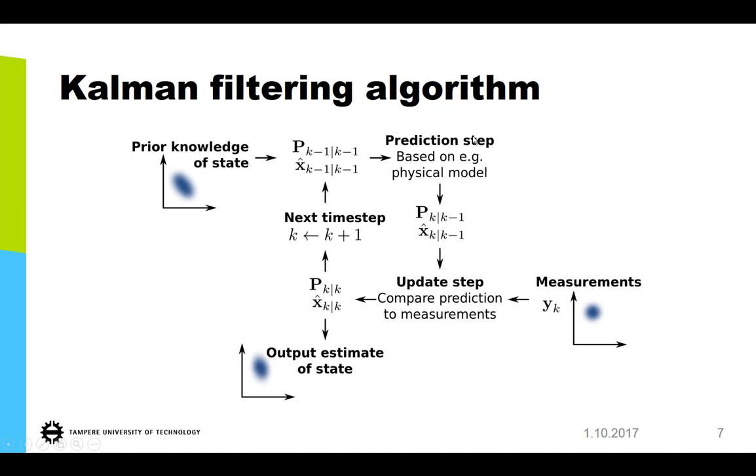We move to the prediction step and we update our prediction using a physical model that we have chosen. In our case it is the constant velocity model. We move to the update step, in which we compare predictions to measurements and we get the output estimate of state. Then we move on to the next time step and continue doing this process until we have used all of our measurements.